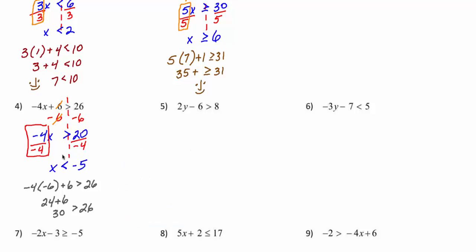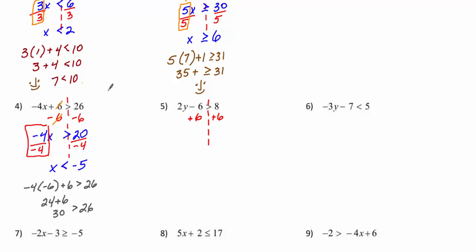All right, I'm going to do my work here on 5, and I'll describe the steps as we go again. So the same idea. I'm going to put this down like so, and I'm going to add a 6 to cancel out that 6, add a 6 over here.